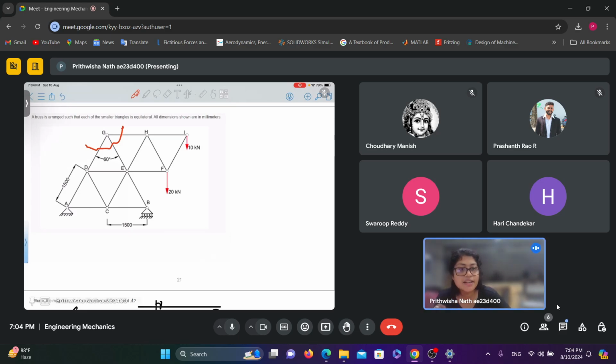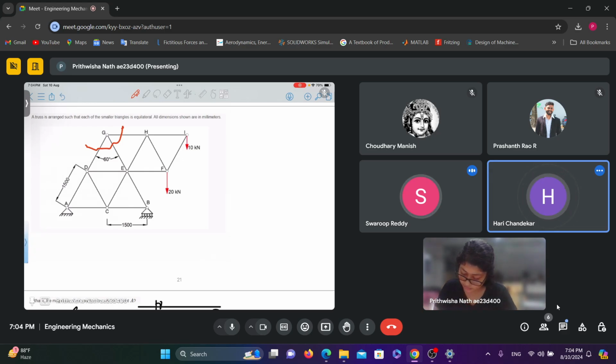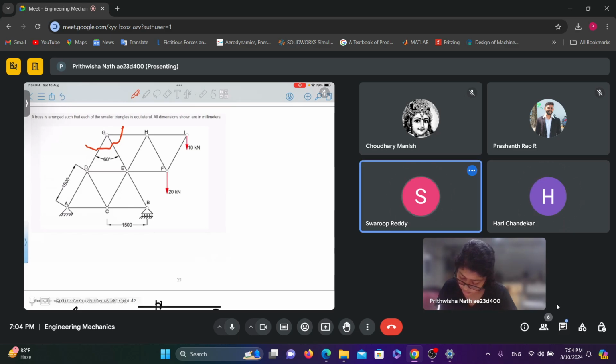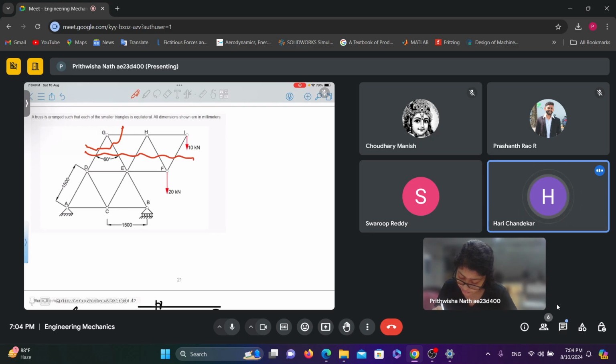So how should I make the cut? Can you tell me? Just a horizontal line cutting DG, like this? Yeah. I think too many unknowns.